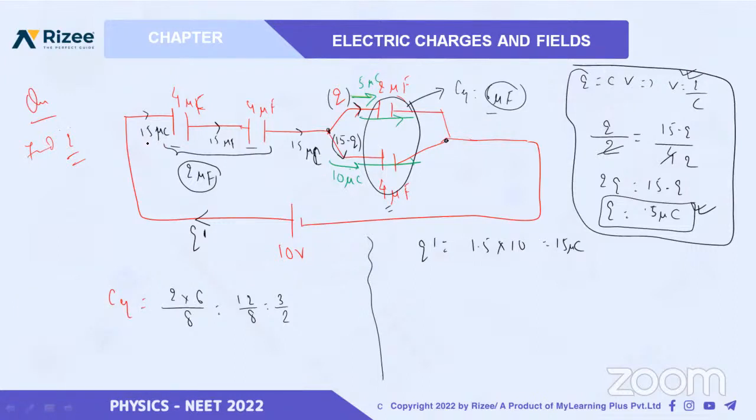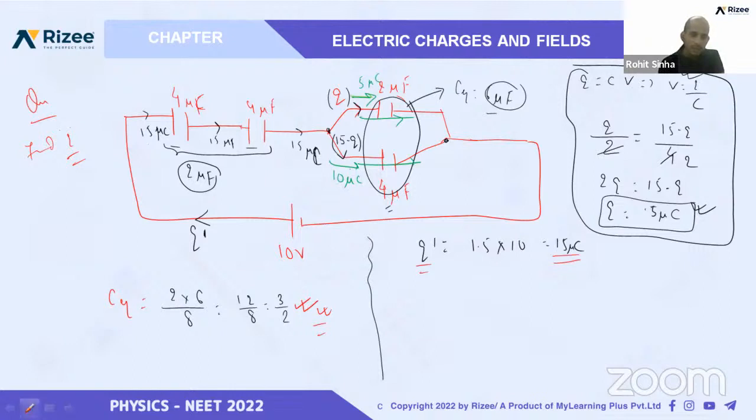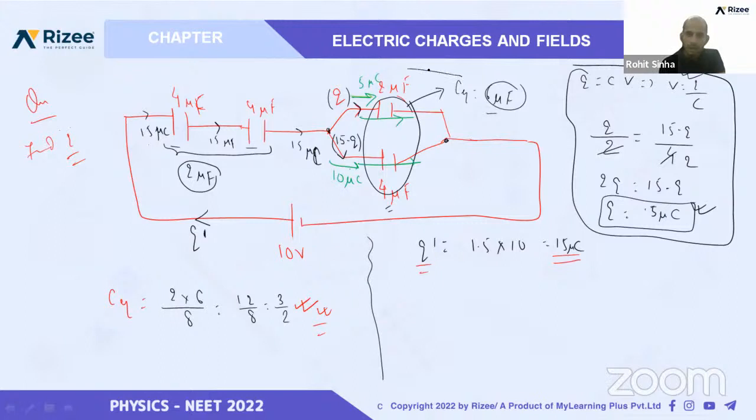Till now, the total capacitance was found here. Now, with the help of the total capacitance, we found the total charge flowing through. Then the shortcut: the shortcut which I am showing here, I am applying for here only.